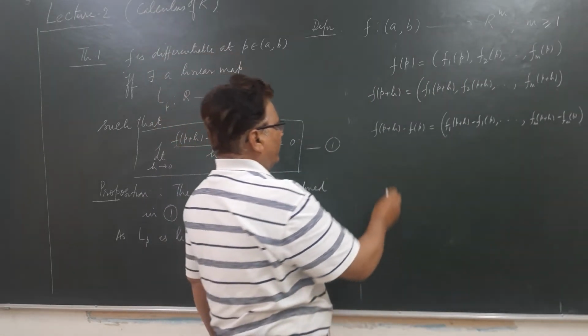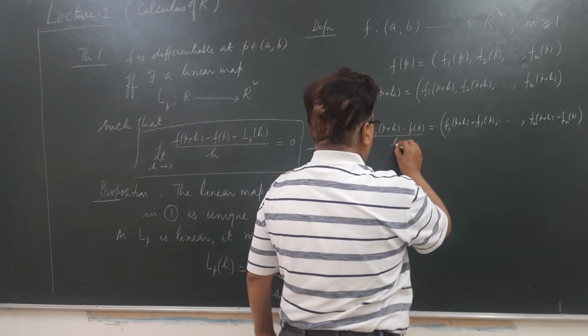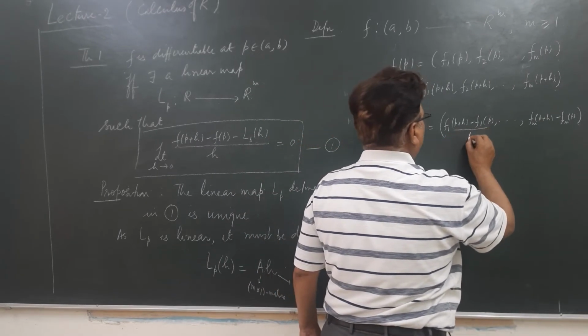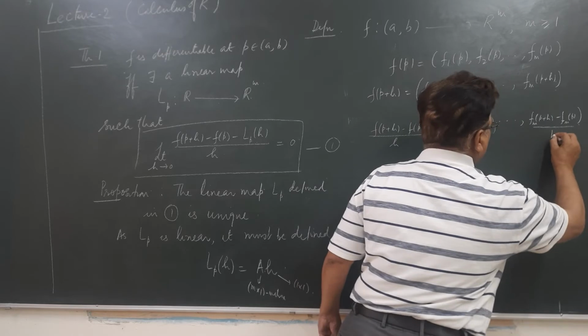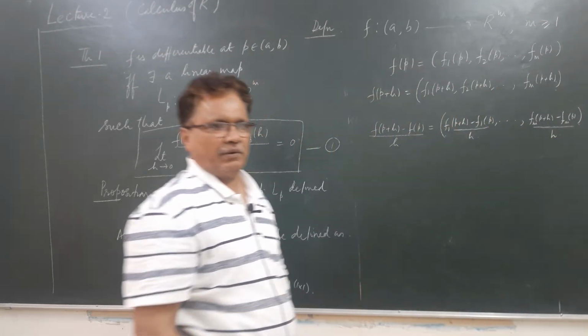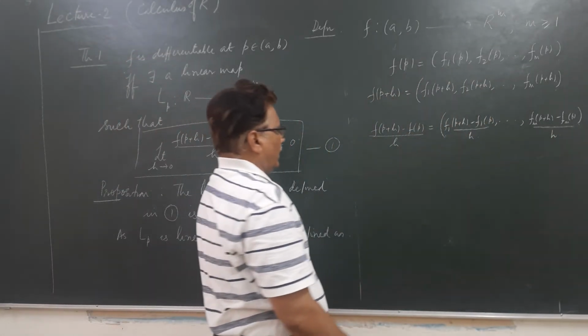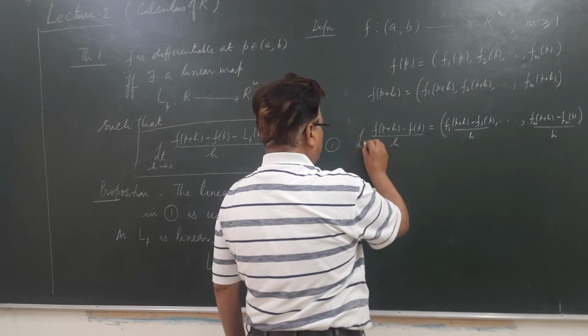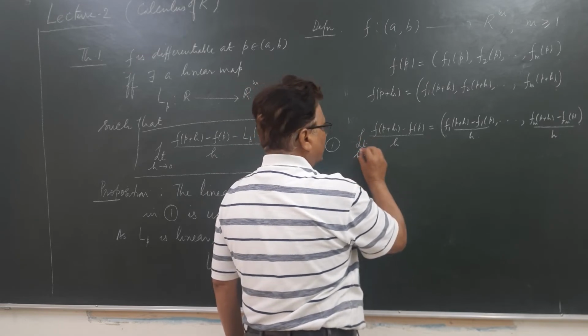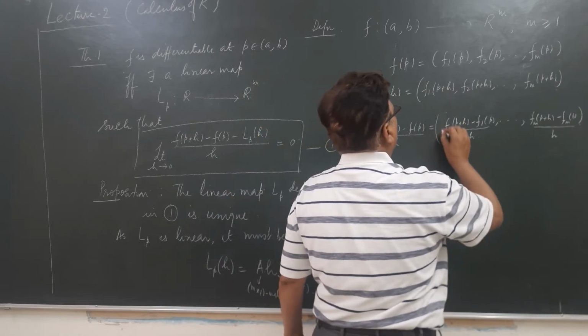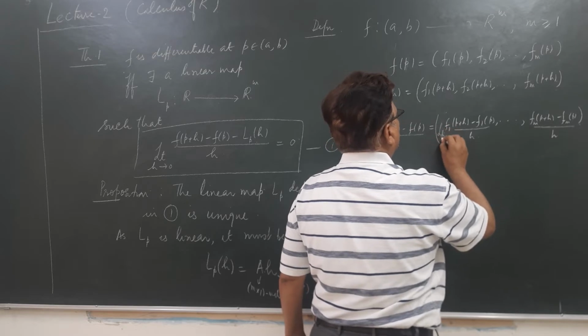And when you divide this by h, all components will be divided by h. This is how you multiply a vector by a scalar. And when you take the limit on the left hand side, this limit will go to each of its components.